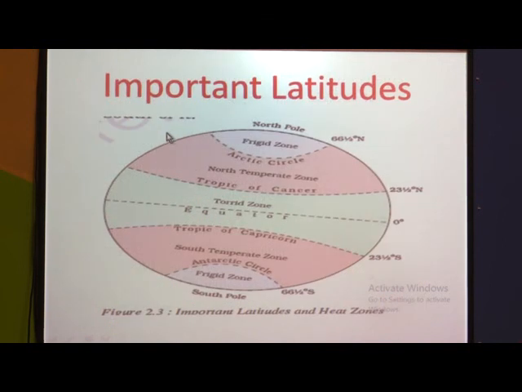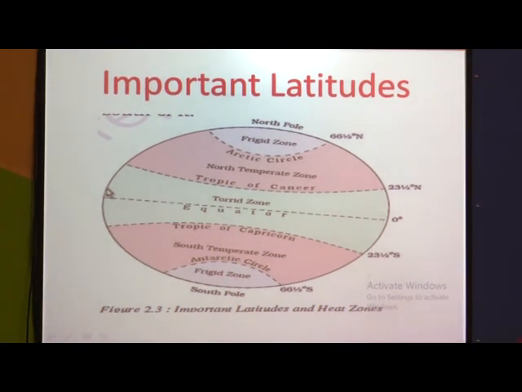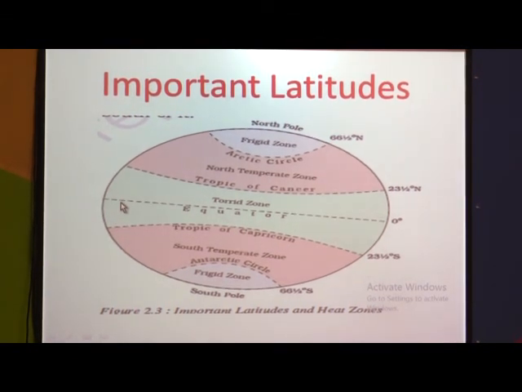Now see this diagram clearly. It shows all the important latitudes. First one is equator at 0 degree, then second Tropic of Cancer, 23.5 degree north, then Tropic of Capricorn, 23.5 degree south, then fourth one Arctic Circle, 66.5 degree north, then Antarctic Circle, 66.5 degree south.